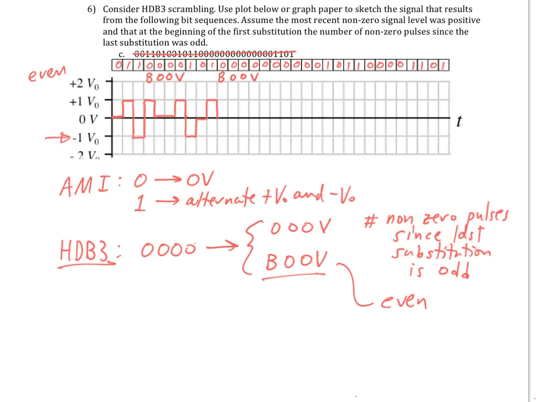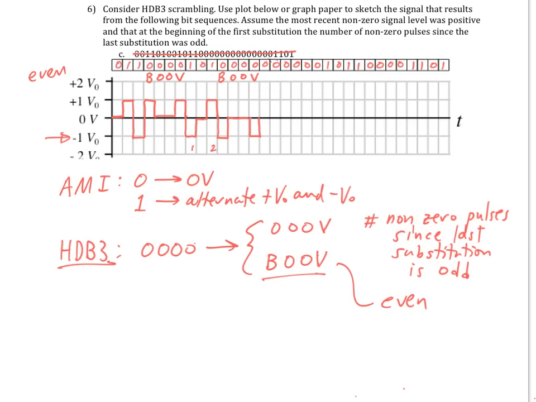A B00V gives me a B that looks like a normal 1, 2 zeros, and now a violation where I go down twice in a row. So each violation takes me to the same voltage as the previous non-zero.